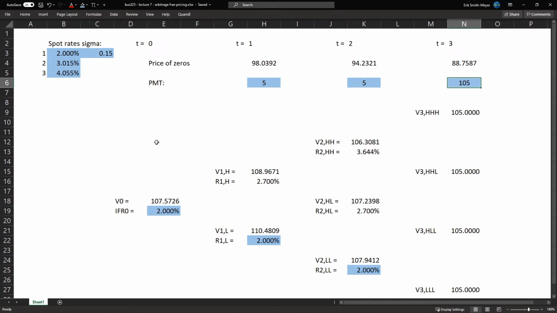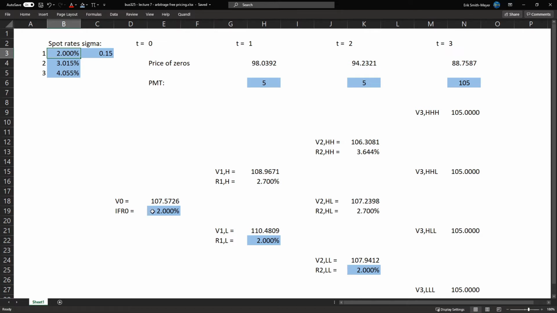So now we go to the interest rate tree. What we see here is that the implied future rate at time 0 is equal to the 1-year spot rate, and it's coincidentally equal to the 1-year par rate.